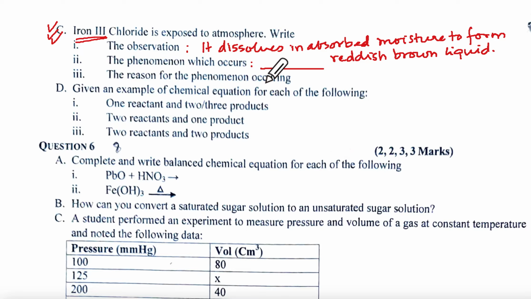What is the second one? 2 reactants and 1 product. Can I write 2 reactants and 1 product? Can you see that? Or even I can write this. 2 reactants.